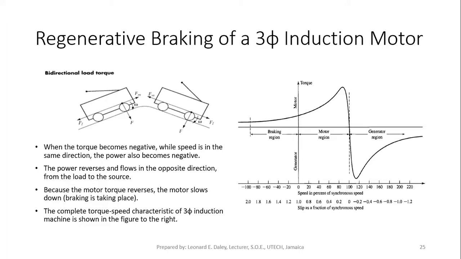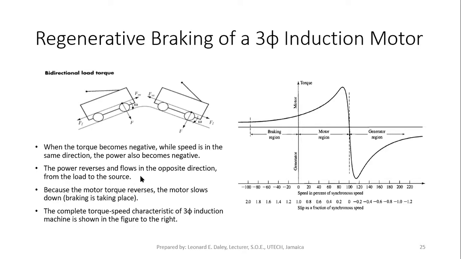Now since the torque has reversed, has gone negative relative to what it was before, then the power becomes negative. If the power becomes negative, it means that the power is going to flow in the other direction. So the power is now flowing from the load to the source.